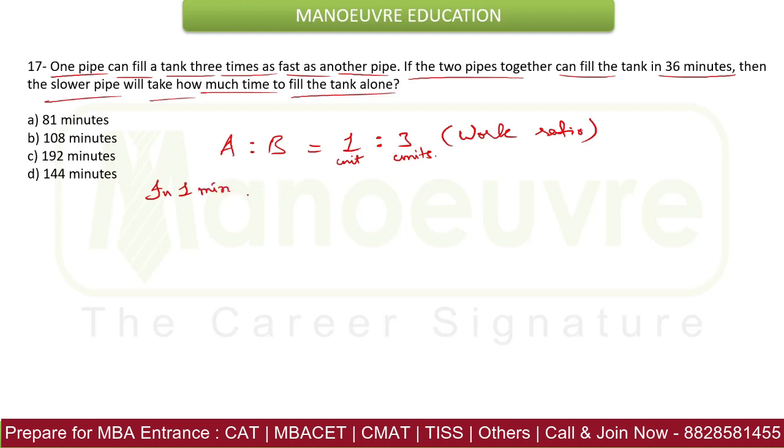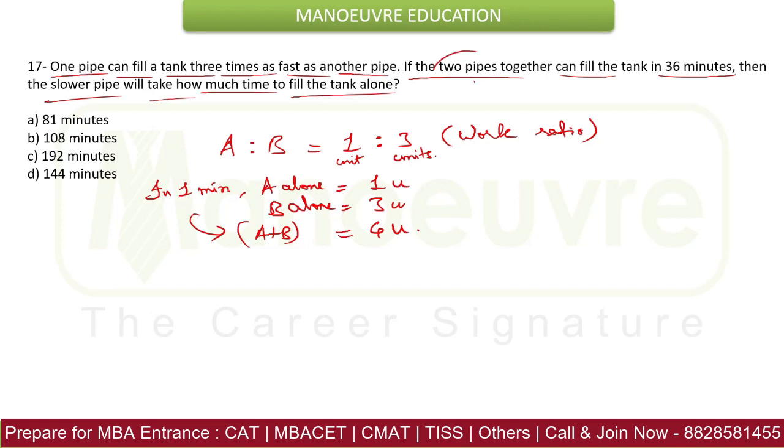In 1 minute, A alone completes 1 unit, B alone completes 3 units, and A plus B in the same 1 minute will complete 4 units.